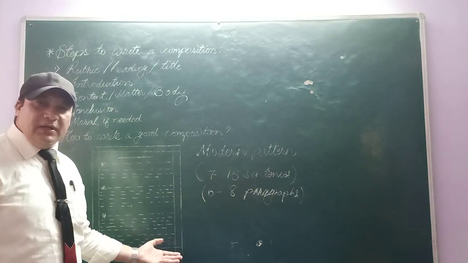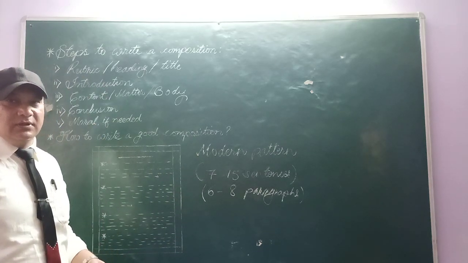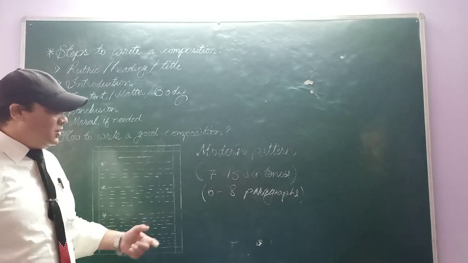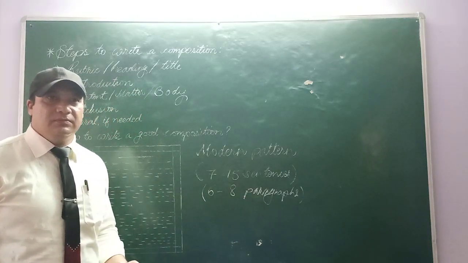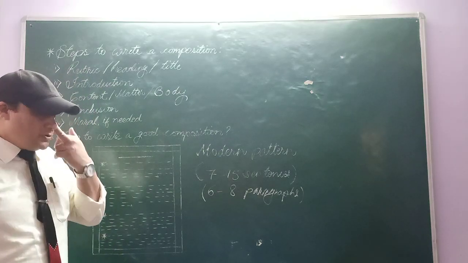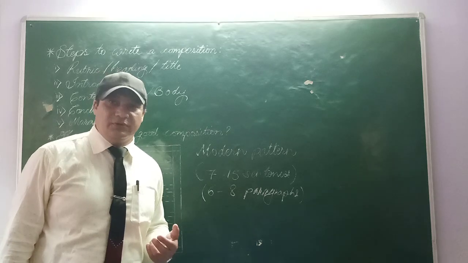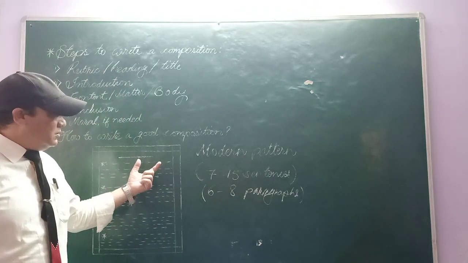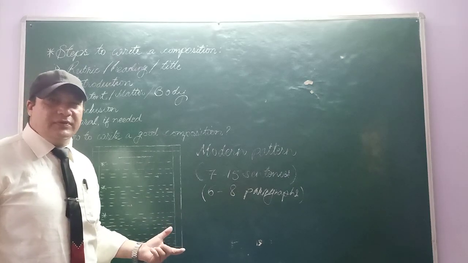The more paragraphs we have, the more attractive the composition looks. And why we should have paragraphs in a composition is, you are first of all writing 350 to 400 words. So when you don't have paragraphs, the reading becomes very monotonous.